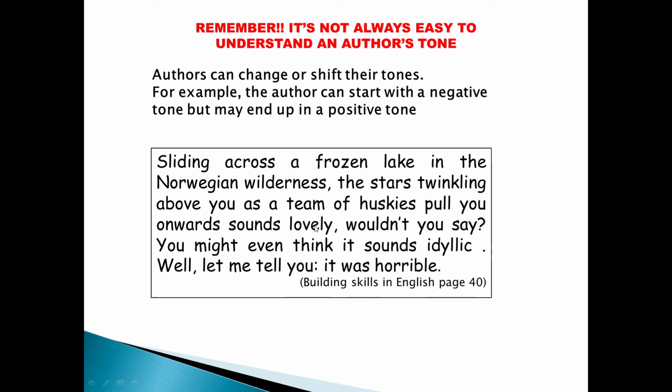The writer is using the words lovely, idyllic, so maybe the tone is positive about it. No, he suddenly shifted his tone by saying that it was horrible. So he thought that it would be lovely, he thought that it would be ideal, but actually it was horrible. So you have to be very careful in deciding the tone the author uses, because they keep shifting their tones.